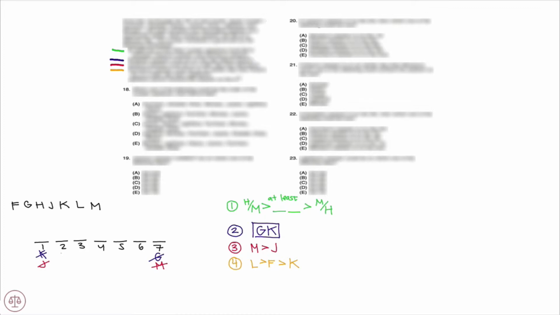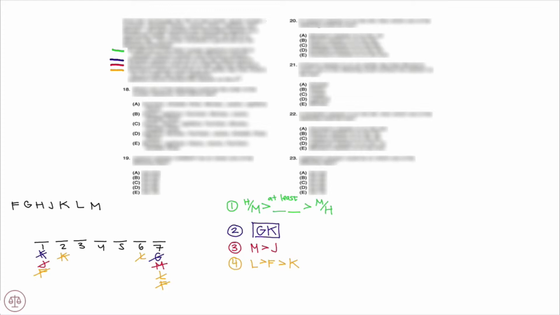And we know that means also that K can't be second. Likewise, L has 2 nurses after her, so L can't be last and L can't be 6th. We also know that F has 1 nurse to the left of her and 1 nurse to the right of her. So that means that F cannot be first and F cannot be last.